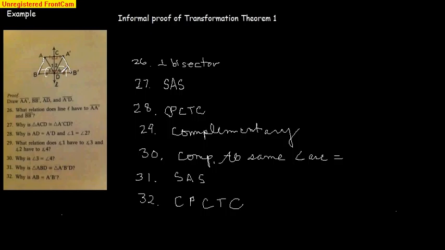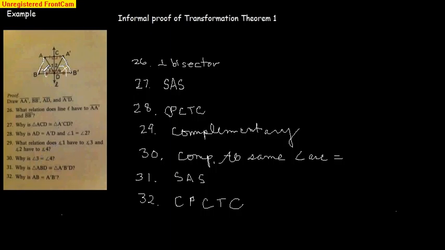Well, they form right angles, they're complementary. They add up to 90 degrees. And then number 30 says, why is angle 3 equal to angle 4? Well, if 1 is equal to 2, then angle 3 is complementary to 1, and angle 4 is complementary to 1, so complementary angles are equal.